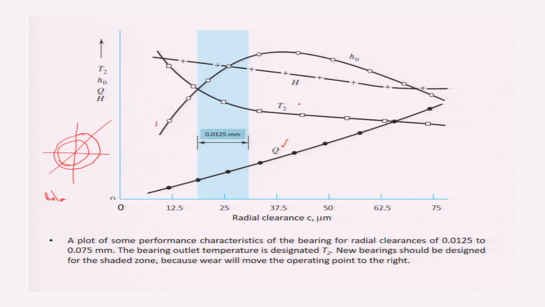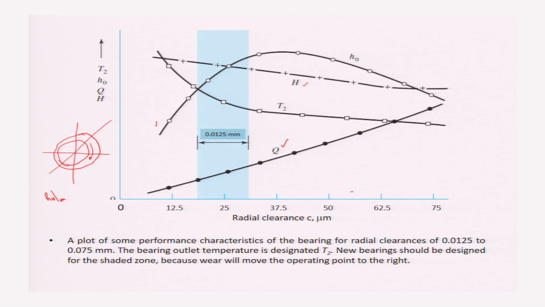What will be the effect on heat generation? When the clearance is lesser, then minimum film thickness is lesser, and more heat will be generated, because this space is lesser, and the fluid is to be moved from this bigger area to a smaller area, and this area is becoming very less, and so more and more work has to be done.